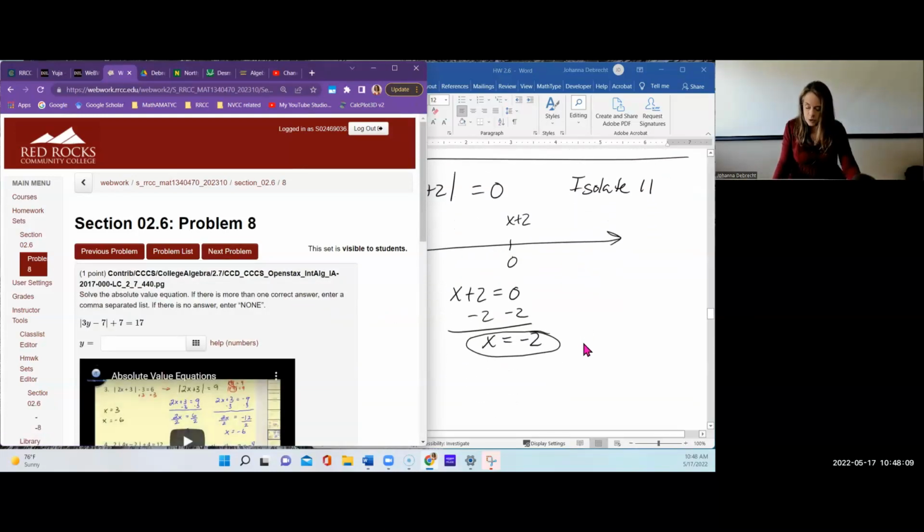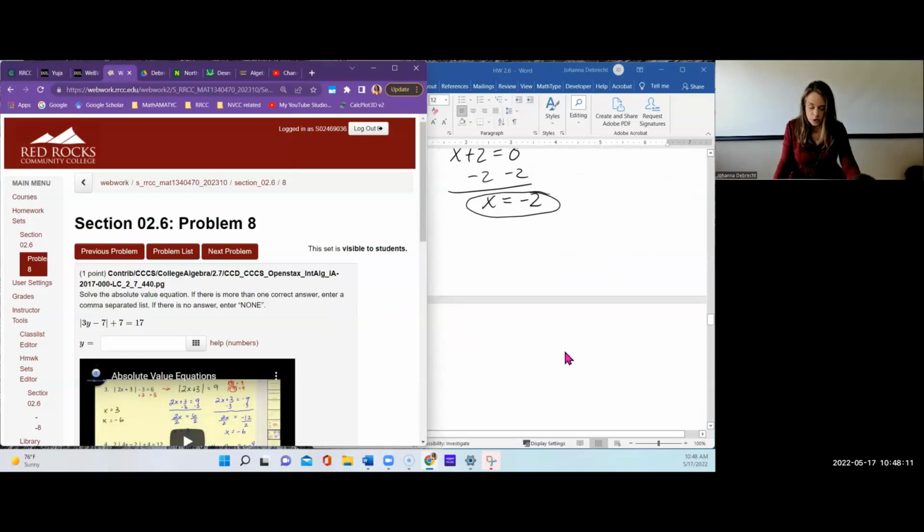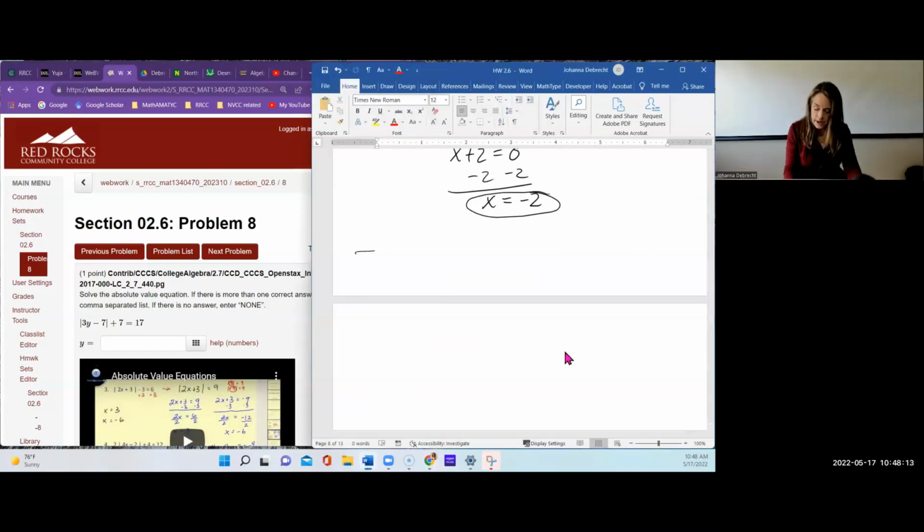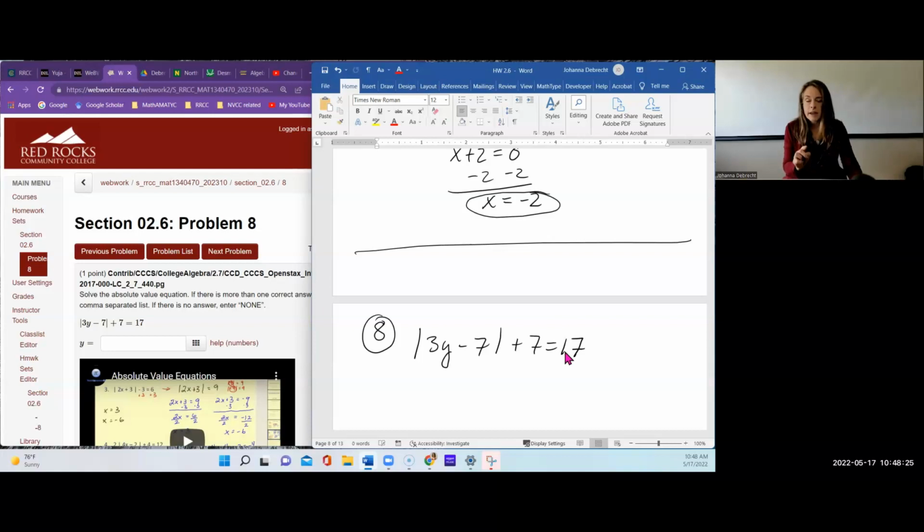Let's take a look at a more complicated problem with more terms and a more complicated interior to the absolute value. This is problem 8. Again, before you drop the absolute values, you have to first isolate the absolute value.